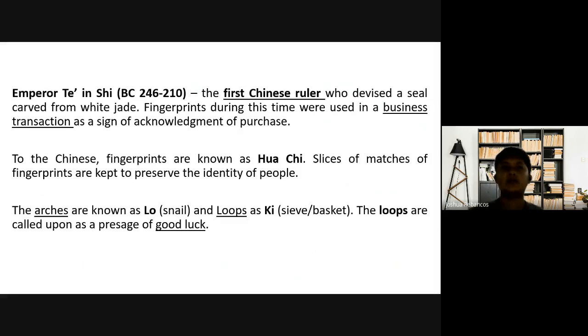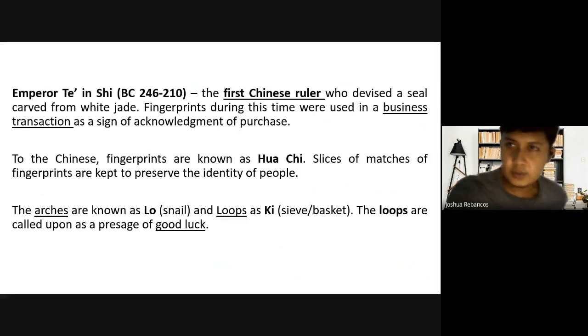Sa China naman, meron tayong isang Chinese ruler na si Emperor Shi, before Christ 246 to 210. He devised a seal carved from white jade. Ang ginamit nila is white jade. Fingerprints during this time were used in business transactions as a sign of acknowledgement. So, mapapansin niyo doon sa mga Korean movies, sa mga Chinese movies, yung paglagda nila ng mga kontrata, example doon sa movies ni Bruce Lee.